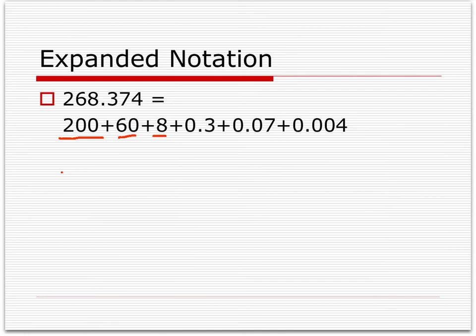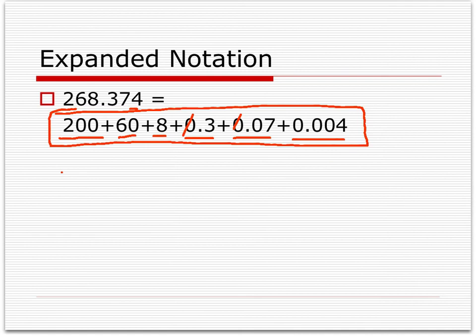Then I have 3 tenths, so I can write that as 0.3. I have 7 hundredths, so notice I can write that as 0.07. These zeros you can either use or they're not necessary. And finally I have 4 thousandths. So this particular number right here would be in an expanded form.